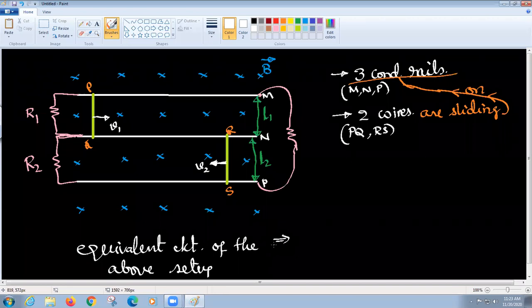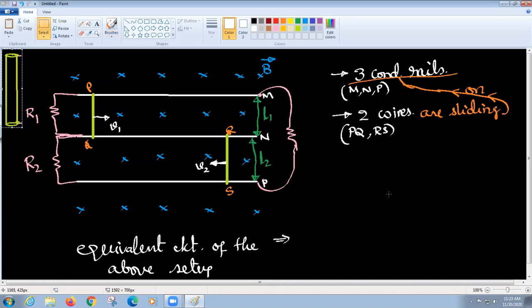Now you tell me. You take this conductor PQ. Let me take my conductor PQ like this. This is my PQ. This is P, this is Q. So it is moving like this.